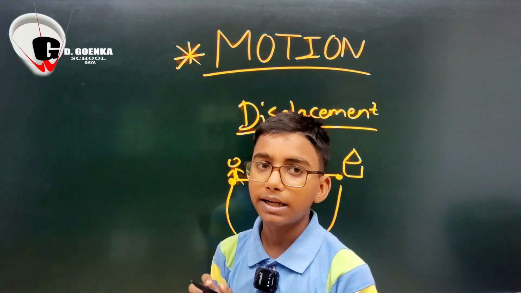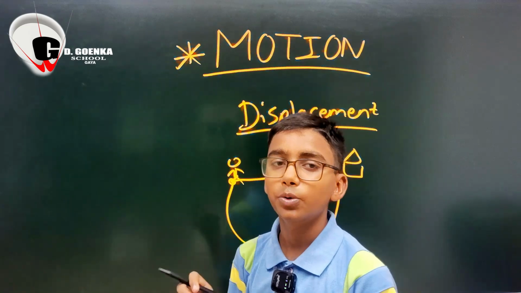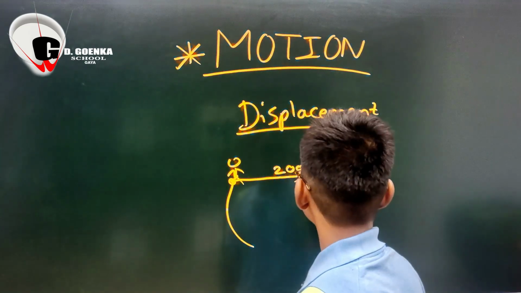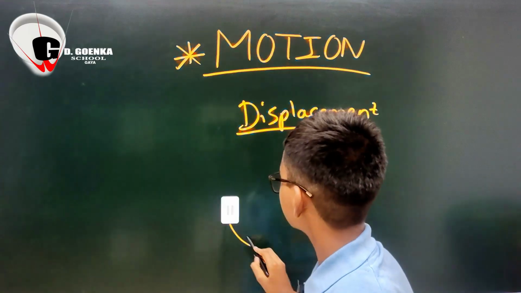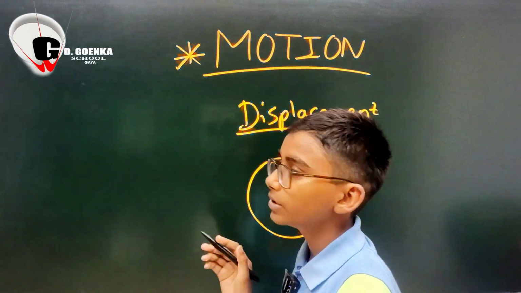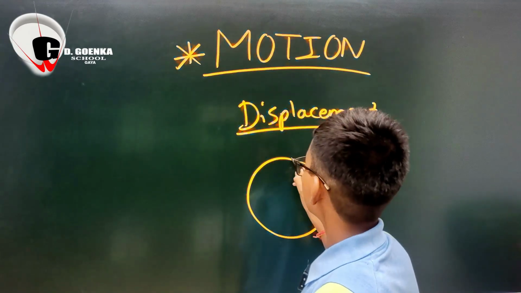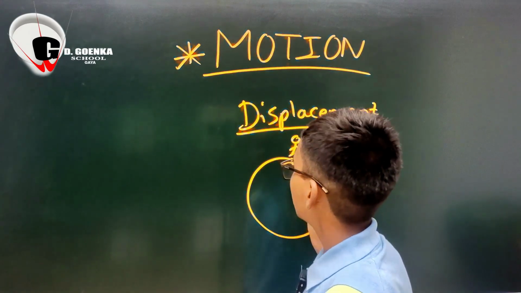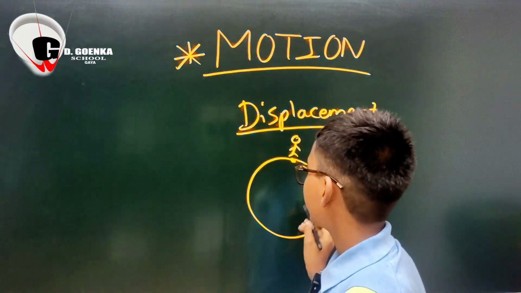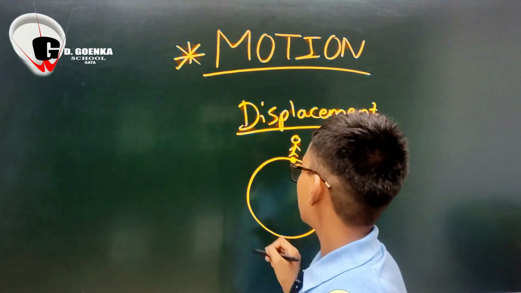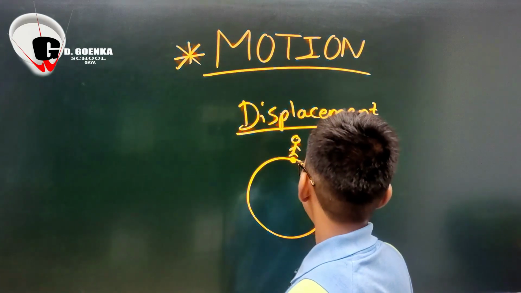There is a point that a distance can't be 0, but a displacement can be 0. Let's prove it. Suppose here is a circular path, and this is the final position. An athlete is over here, starts the race, completes the race and comes back over here. The length of the track is 200 meters.